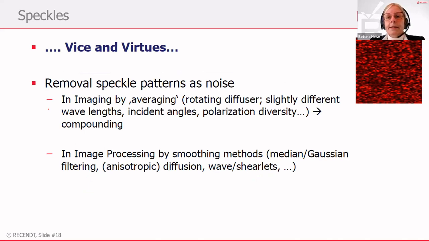On one hand, speckles are often considered as noise. One tries to smooth them out by different averaging techniques, by measuring with slightly jittering configurations, or measuring under slightly different angles, so that the random pattern smooths out.